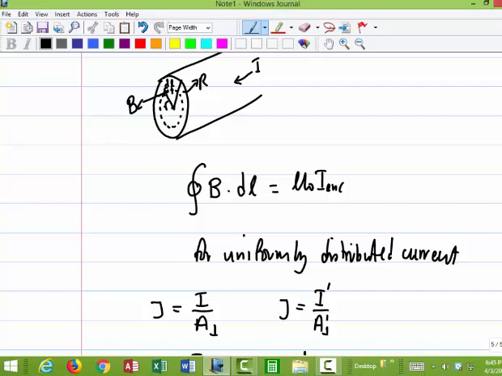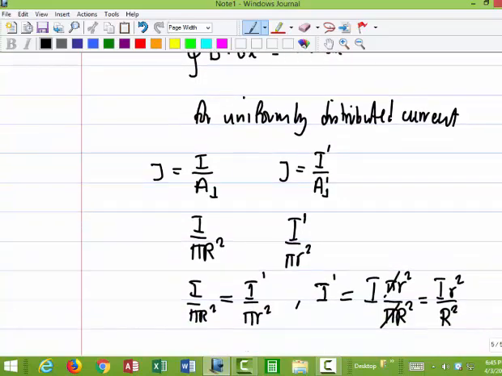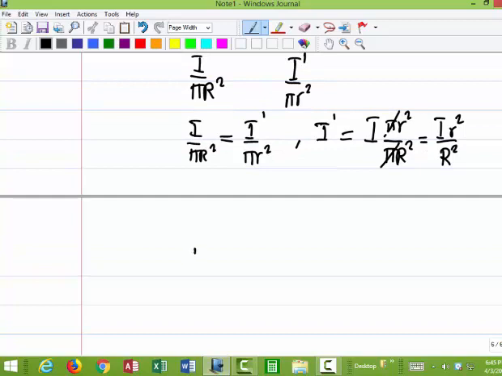All right, so now we are ready to complete Ampere's law. The integral over the closed loop of B dot dl is equal to 2 pi r times B, and that should be equal to mu naught I enclosed.